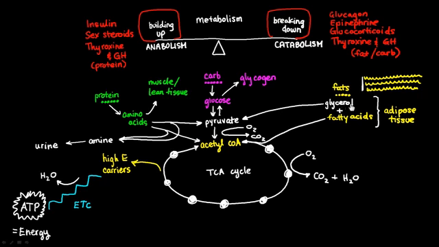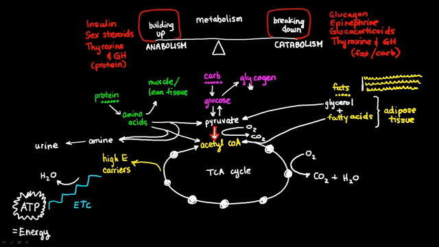The backbone of the fatty acids, called glycerol, could be used to make glycogen or to make glucose to feed the brain. But this reaction, this particular one here, is an irreversible one-way reaction. So that means that fatty acids can never go up to make pyruvate and be used as glucose for the brain, or they can never be used to replenish glycogen stores in the body.